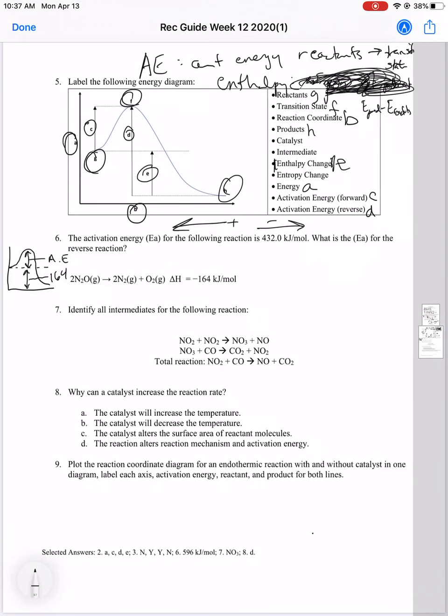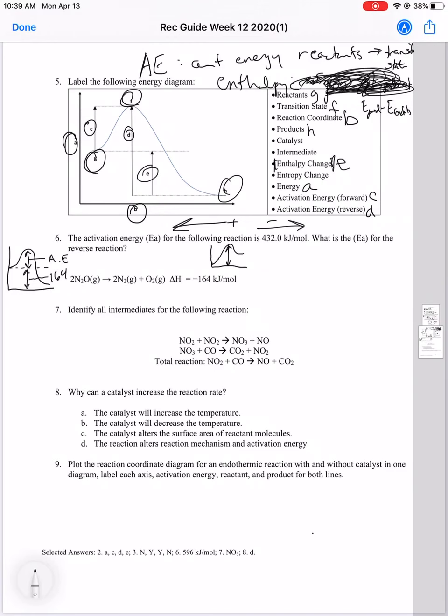So we want to find the activation energy for the reverse reaction. So basically, if we go the opposite direction, it's going to be the same graph, but in this case, we need this entire length.